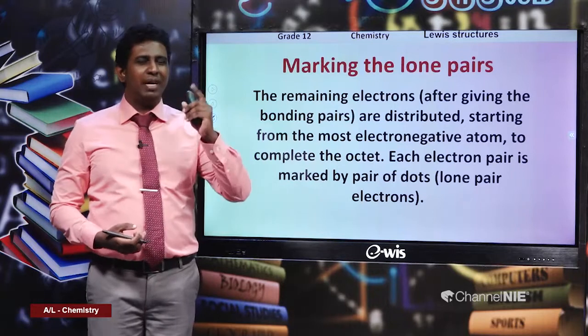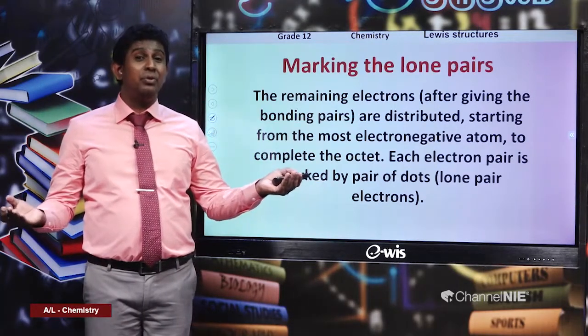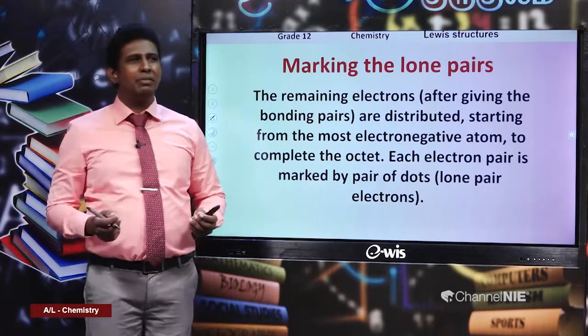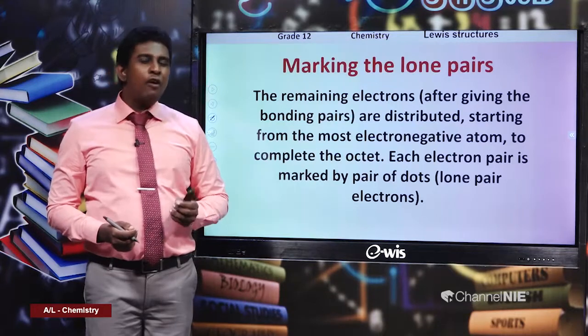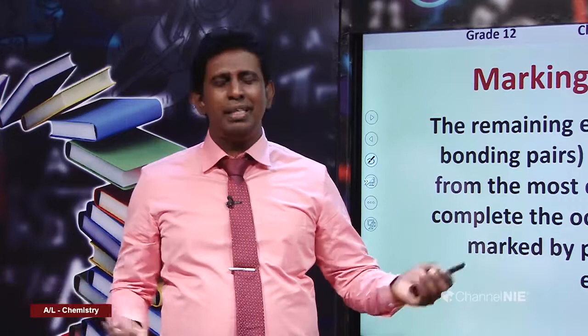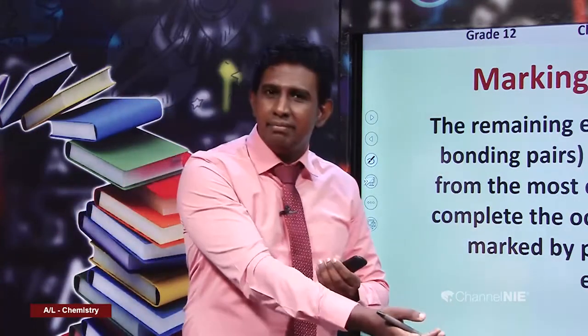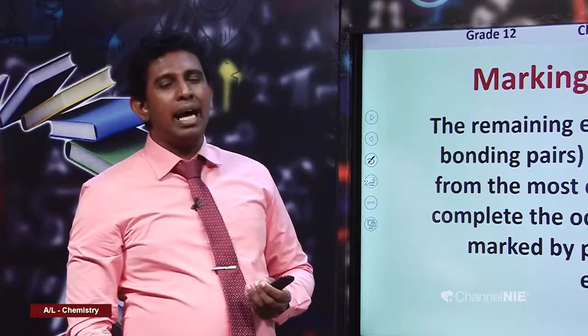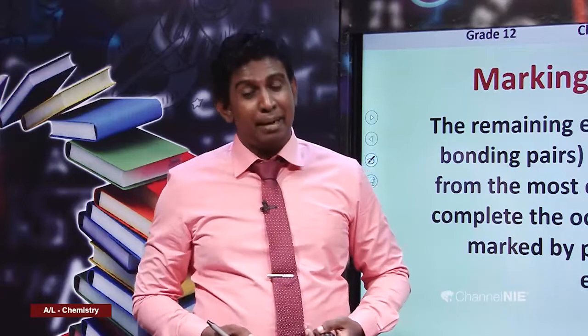Otherwise, if it's just 1 electron, which is a very rare situation, we call it an unpaired electron, a single electron. Anyway, if you have further pairs remaining out of the total pairs, you simply deduct the number of bonds reserved for the skeleton, and those are the lone pairs. That number of pairs is the lone pair number.